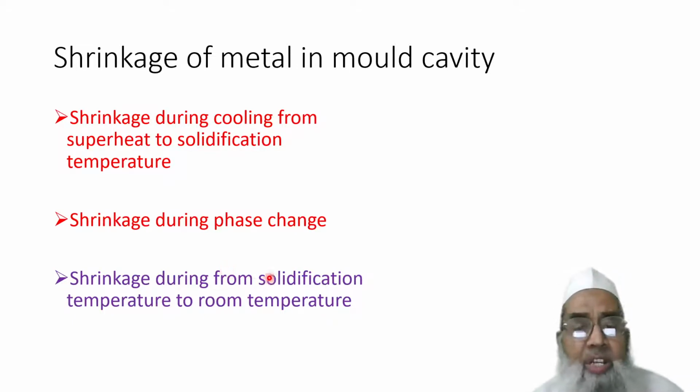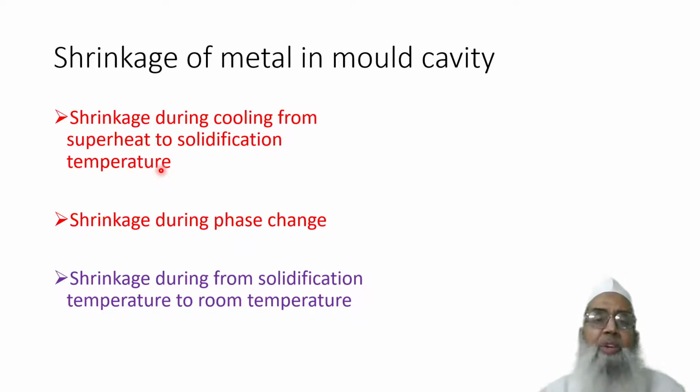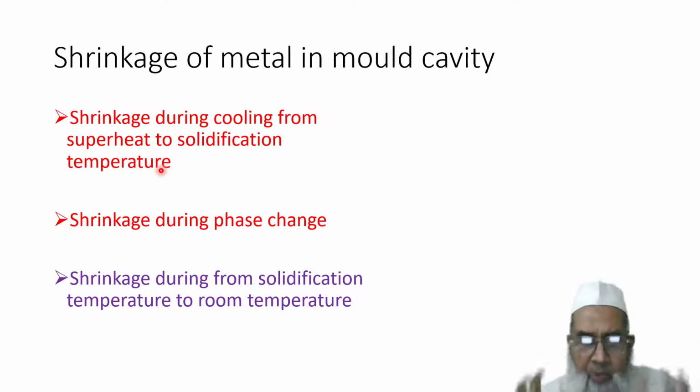Now this is the liquid shrinkage. This liquid shrinkage can be compensated by pouring more metal or making a feeding mechanism, so that when solidification takes place, liquid metal may flow into the cavity.